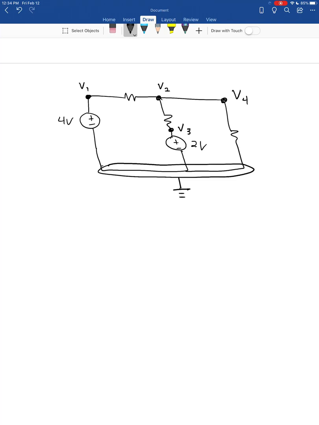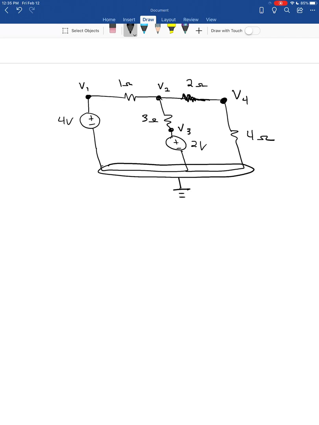Let me put a resistor there, and we'll give these resistors some values. Obviously you could combine the 2 and the 4 in series, but let's just leave it like it's drawn so that I can illustrate the point that I want to illustrate.